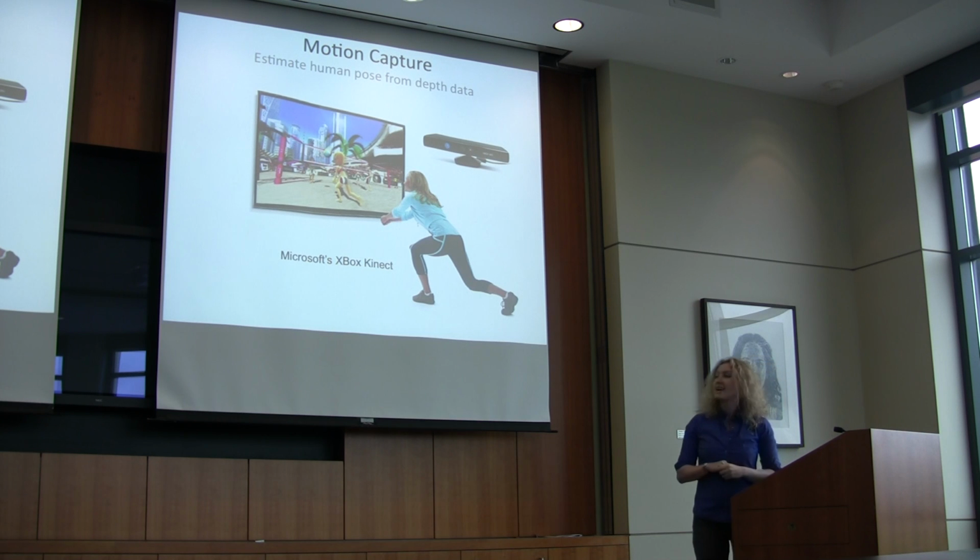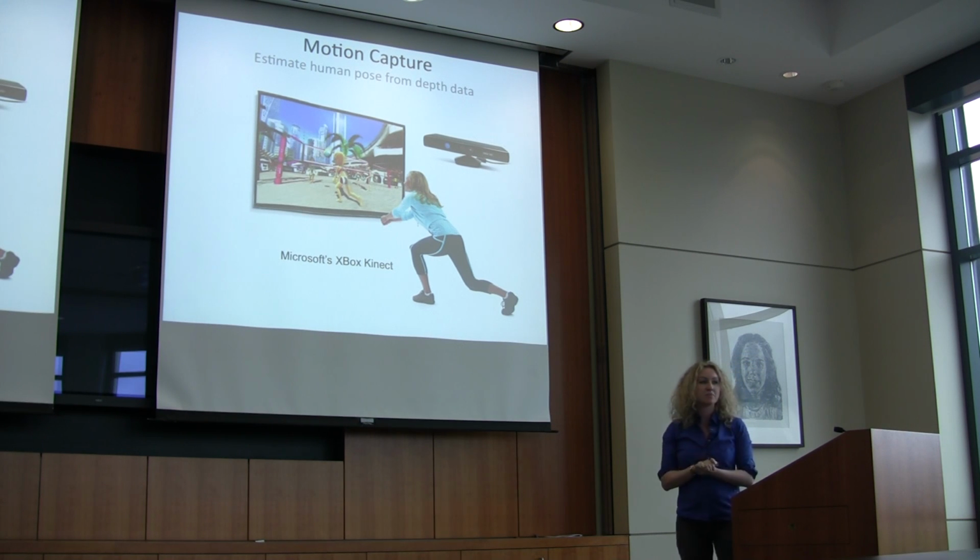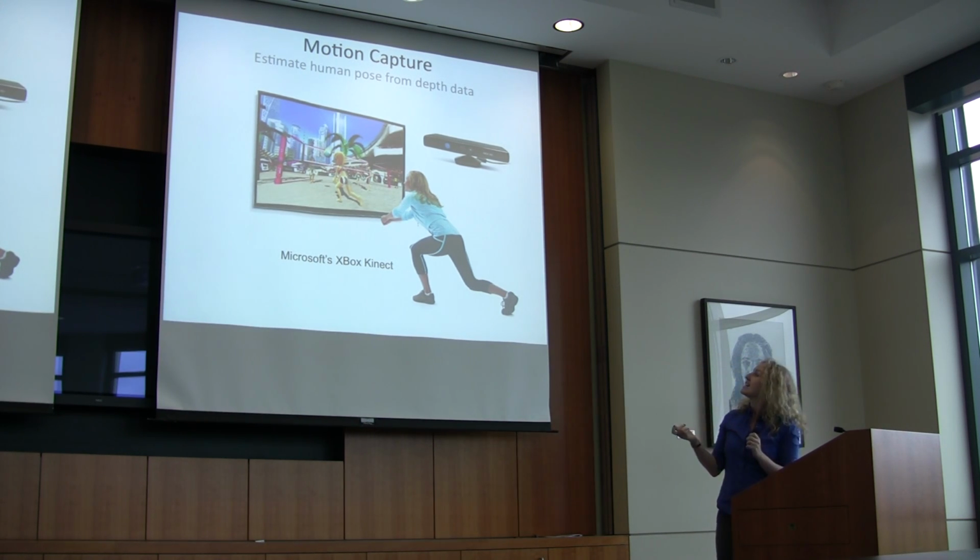Motion capture: Microsoft Xbox Kinect can produce depth data, and there are computer vision algorithms that can analyze whatever the person is doing based on the captured depth, analyze the activity, and then people can play games and so on using their bodies.